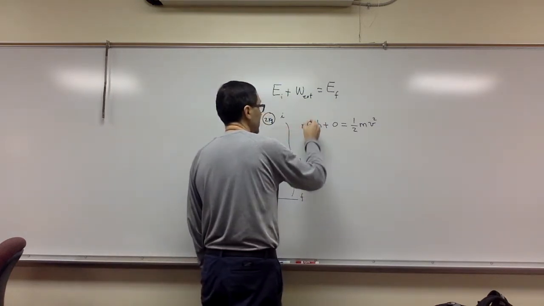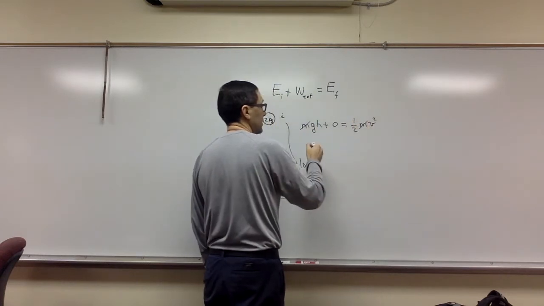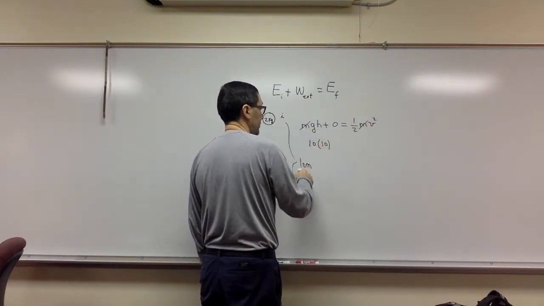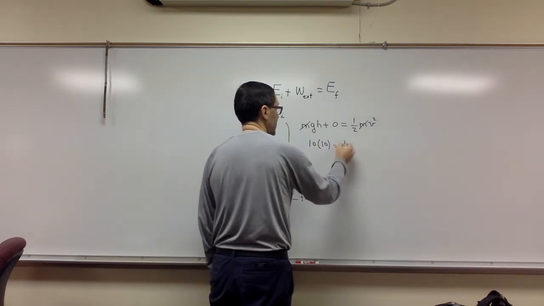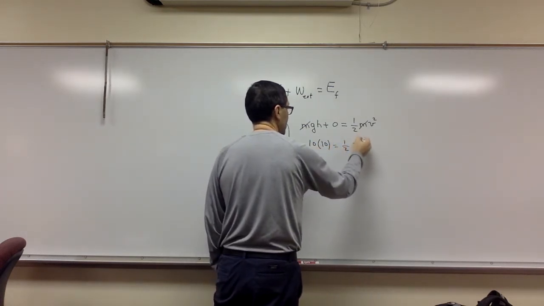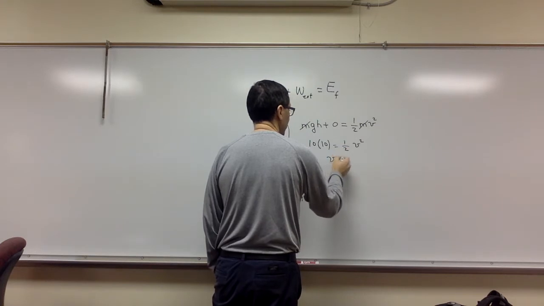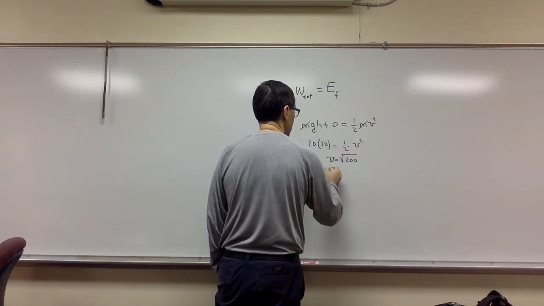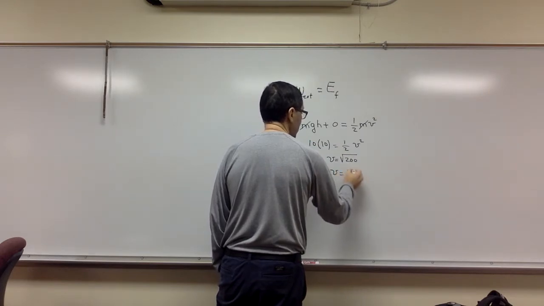So as you can see, the mass is not even important here. So this is 10 times 10, for the 10 for g and 10 for the height, equals half times v squared. And you can solve that equation, and you get v equals square root of 200. And so it should be about 14 and change.